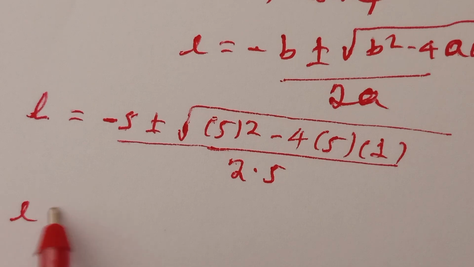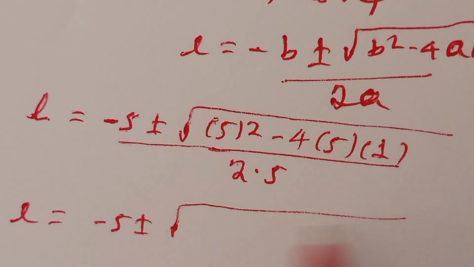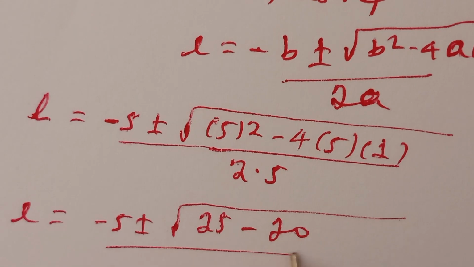So this L is minus 5 plus or minus the radical 25 minus 20 over 10.